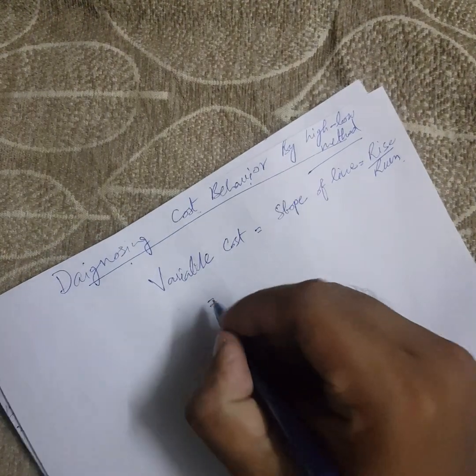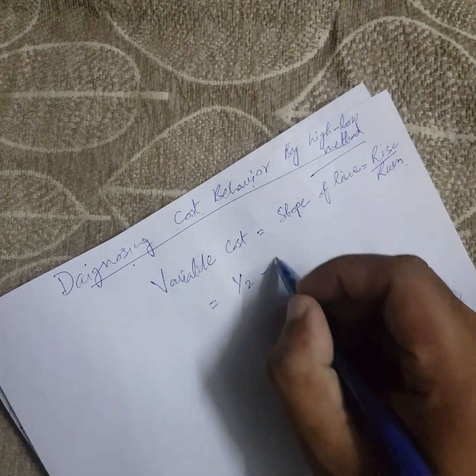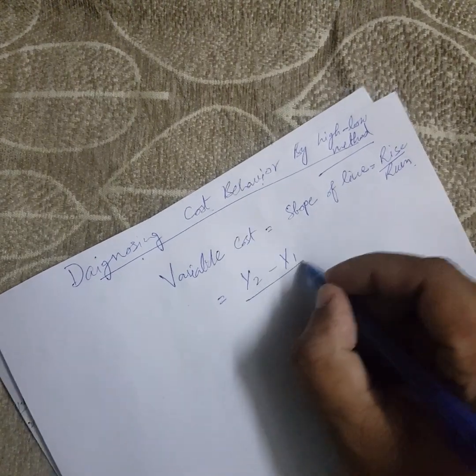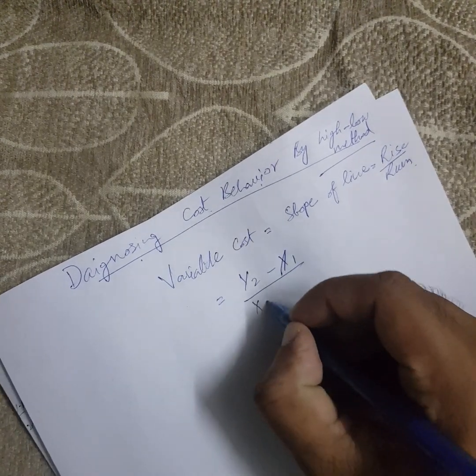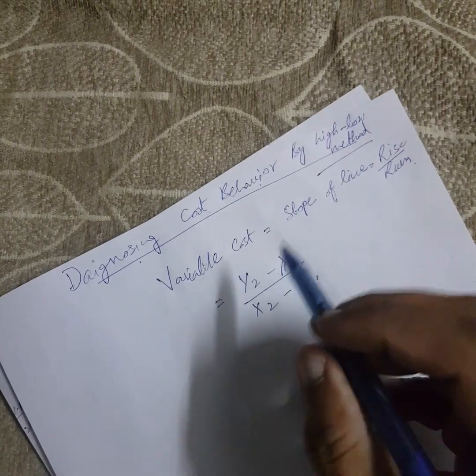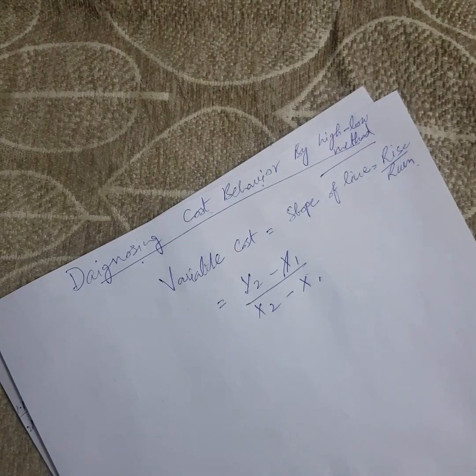In easy words, y2 minus y1 divided by x2 minus x1. What are these costs?